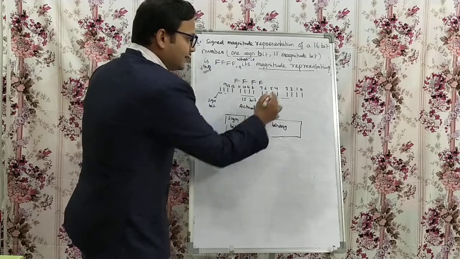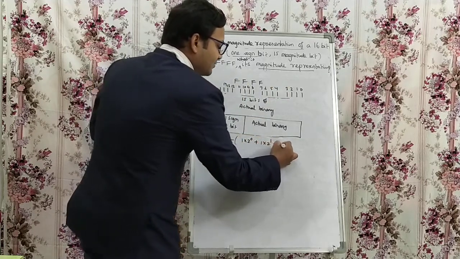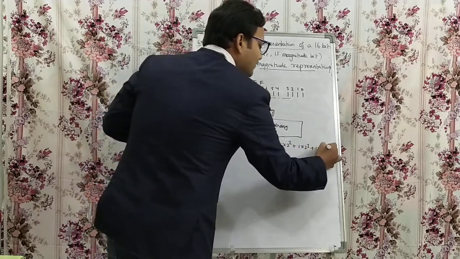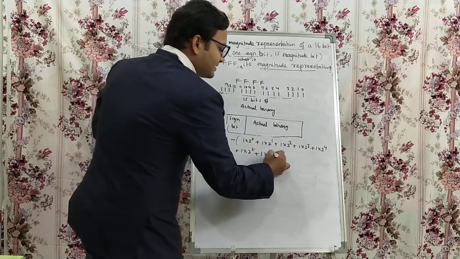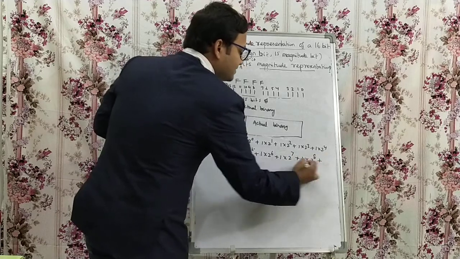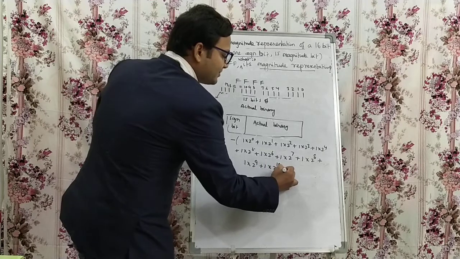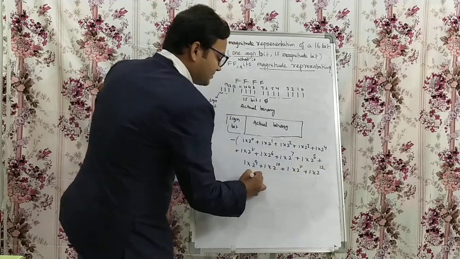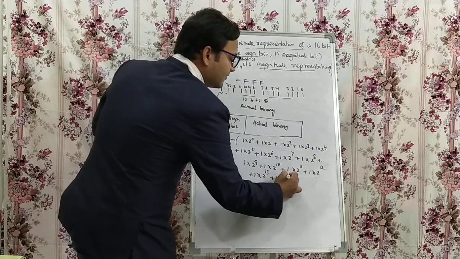You compute: 1 into 2 to the 0 plus 1 into 2 to the 1 plus 1 into 2 to the 2, and so on, up to plus 1 into 2 to the 14.